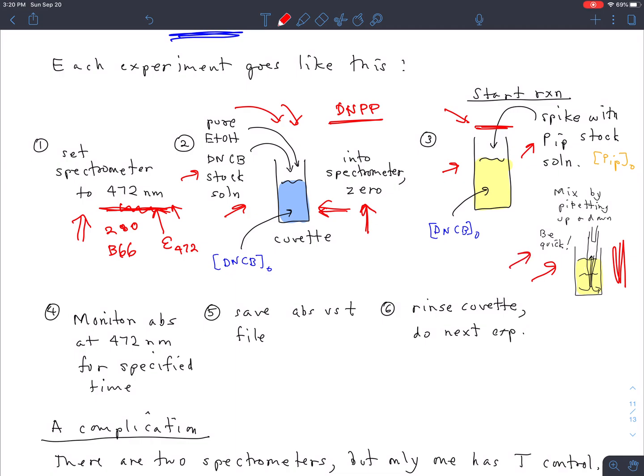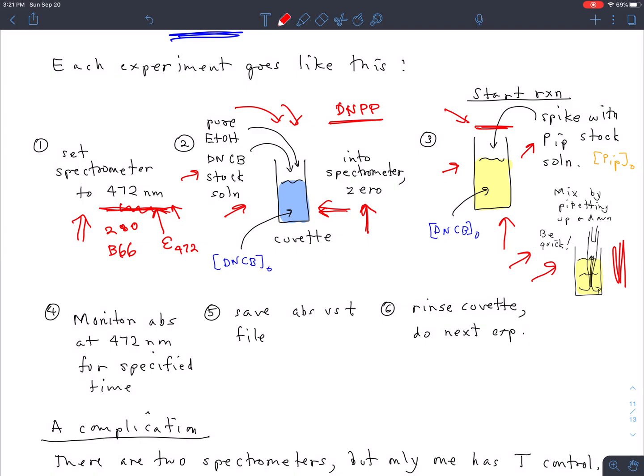That takes a few seconds, and even in that few seconds, the reaction's beginning to happen. You'll see that when you put the cuvette back in the spectrometer, at least in some cases, it's already starting to turn yellow. That means you're not starting from 0 time. That's something to be aware of when you're fitting your data, that you're going to have to get some kind of estimate of what that initial time actually was.